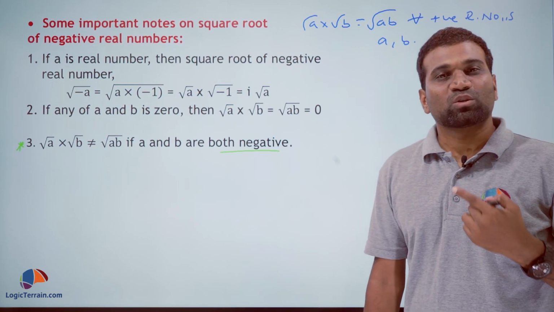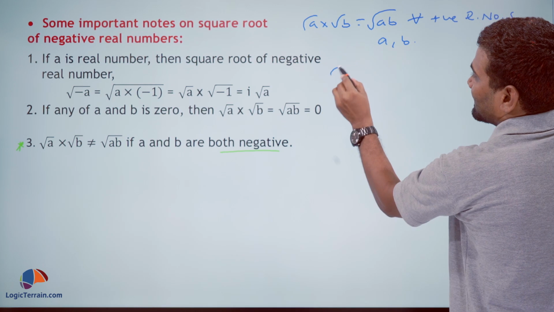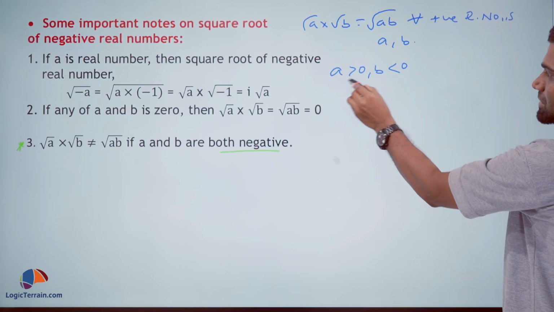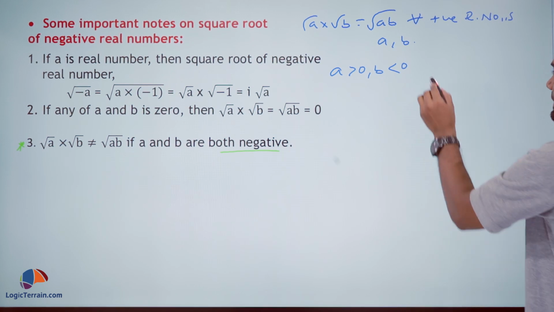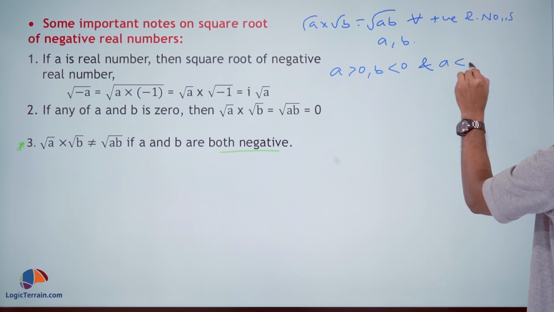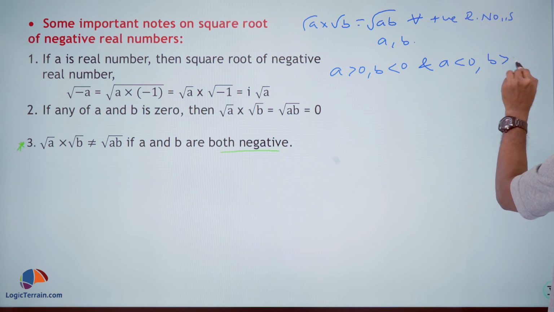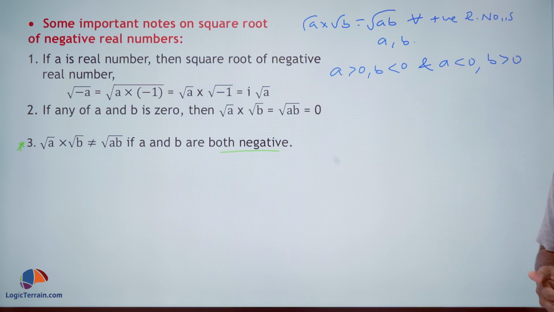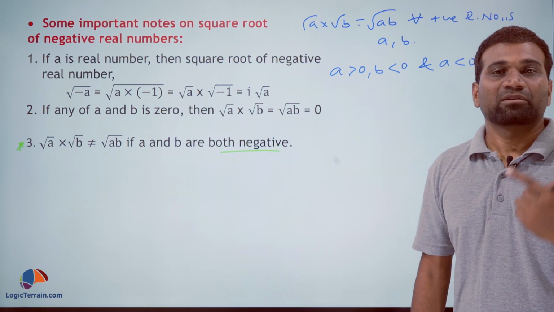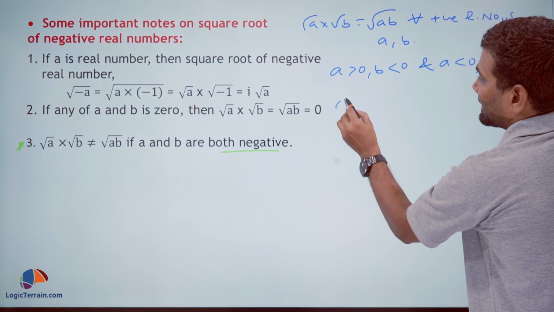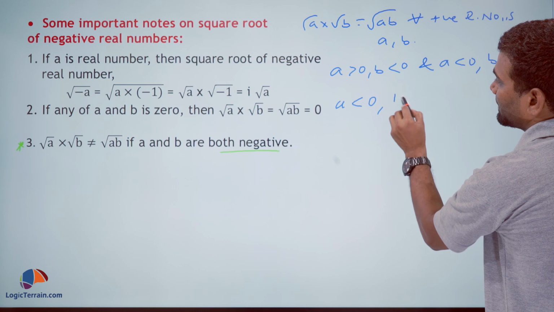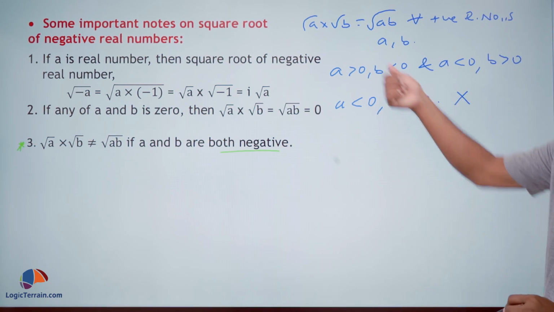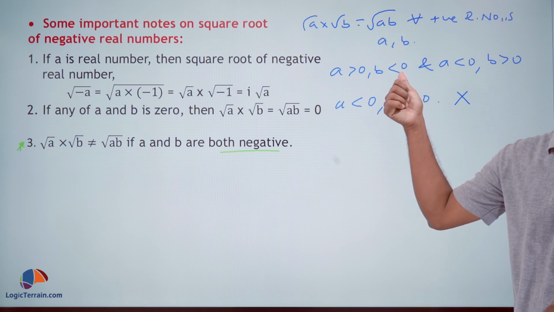This result also holds true when a is greater than 0, b is less than 0, which means a is positive, b is negative, and a is less than 0, b is greater than 0, which means a is negative, b is positive. But this result is false for a less than 0, b less than 0, which means when both are negative, this result doesn't hold.